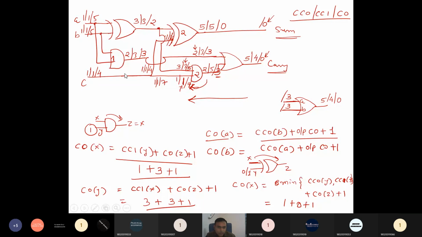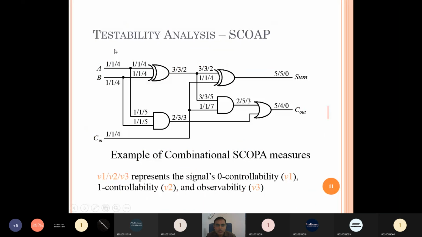Okay, let me stop here in this lecture and then we'll continue. So today we have gone through combinational testability analysis using the SCOAP analysis technique, which is a topology based testability analysis technique.